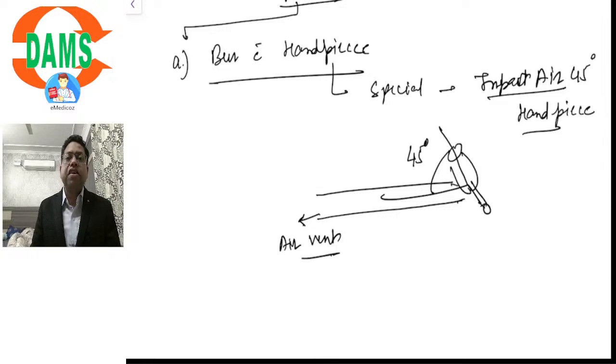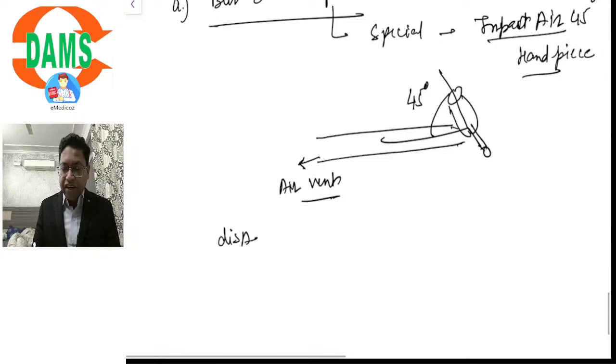The air vent is at the back, so there are minimal chances of tissue emphysema or air entry into the tissues. And because the head of the handpiece is bent at 45 degrees angle, it provides better, easier access to the apical part of the root to prepare a cavity.